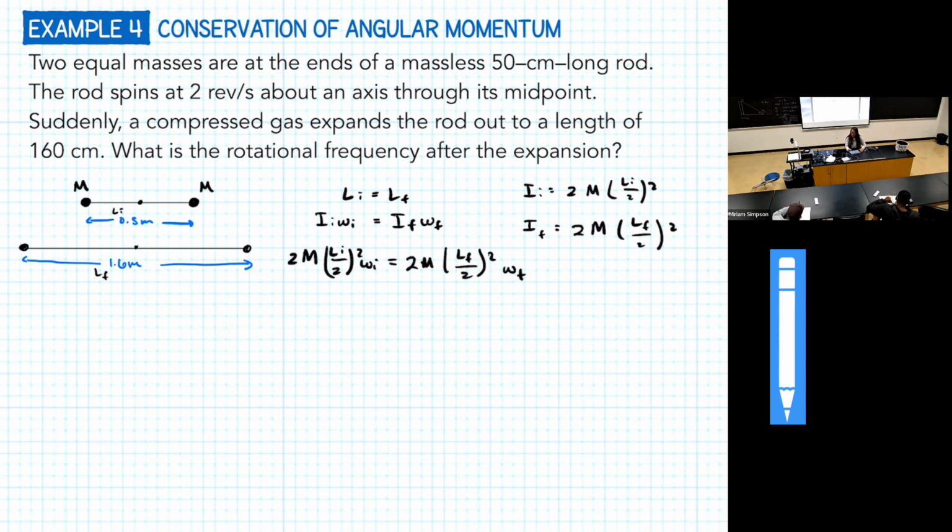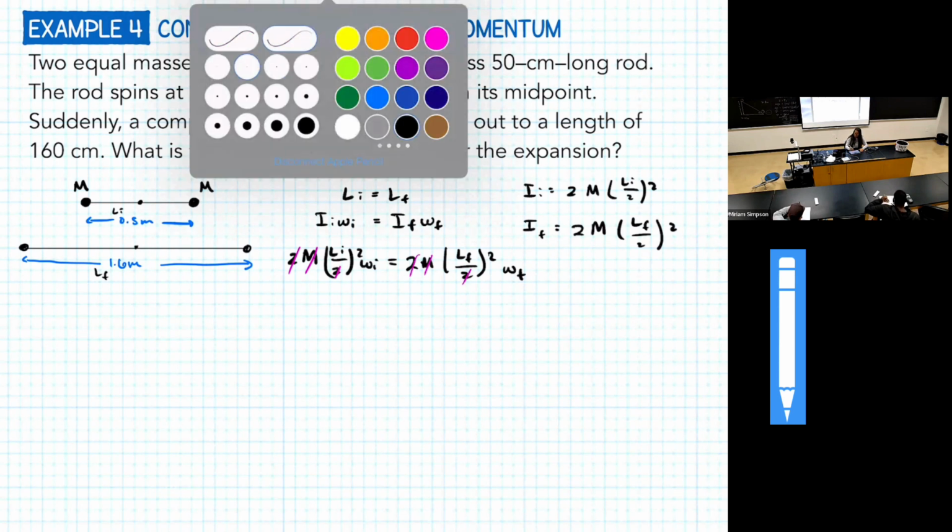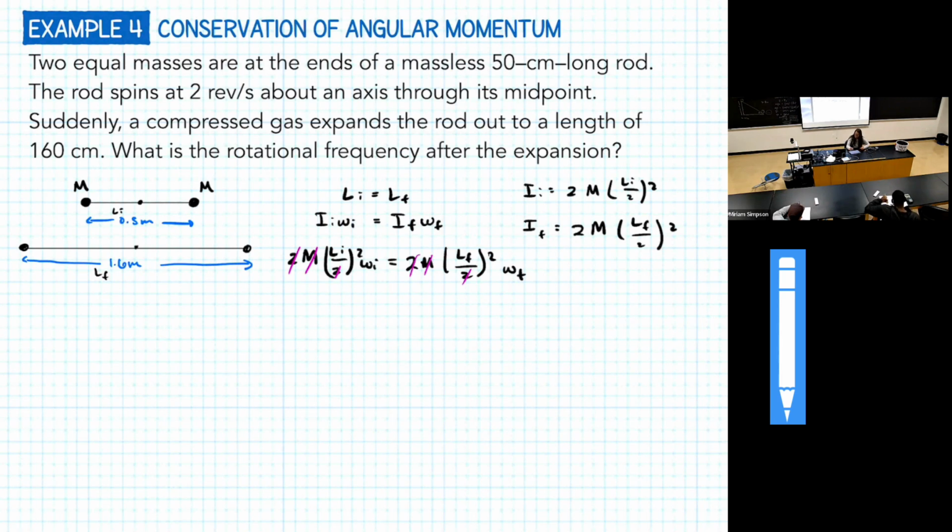We can do a lot of canceling. The 2's go away, the M's go away, and you end up with L initial squared omega initial equals L final squared omega final, and we can solve for omega final. Actually, we can plug in frequency first, then we don't have to convert.